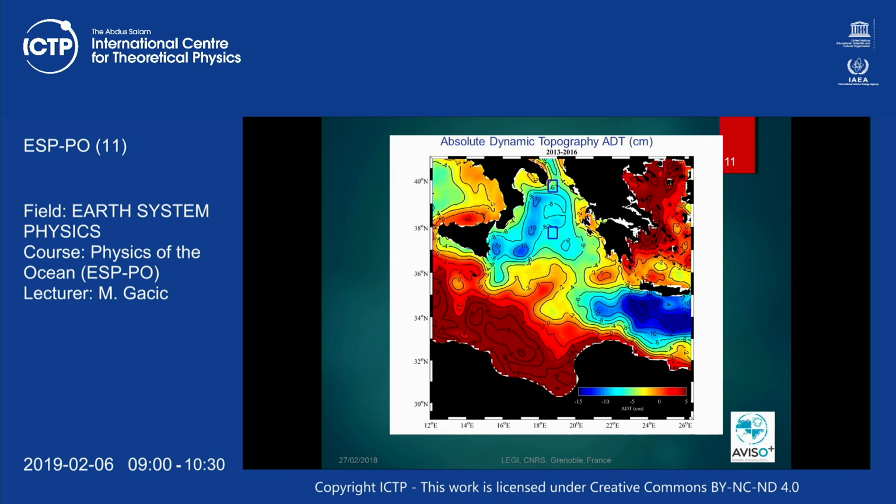Obviously, the first thing one would say is, okay, but why don't we look at the wind? Because the wind, by impacting the vorticity into the water, can change the vorticity in the ocean.